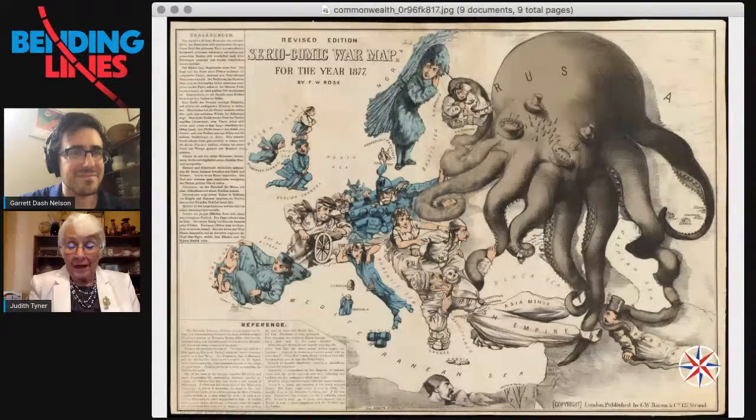And then in 1904, during the Russo-Japanese War, a Japanese artist drew on the work of Rose and created a very similar octopus map where Russia's tentacles extended more into Asia and Japan.